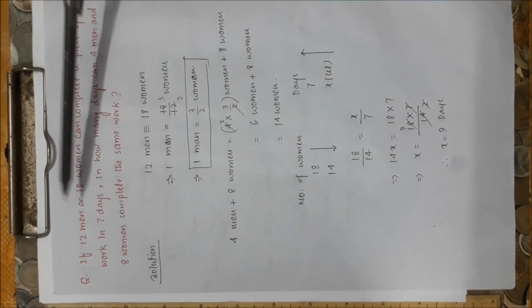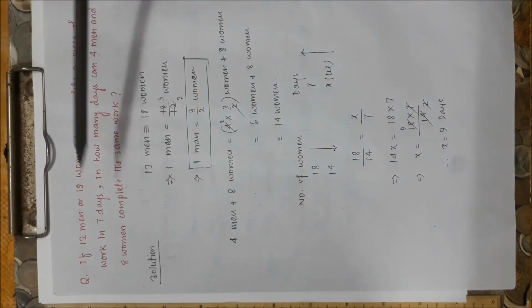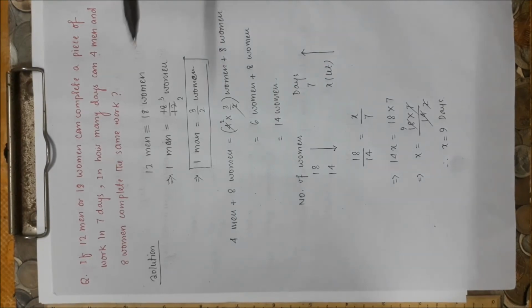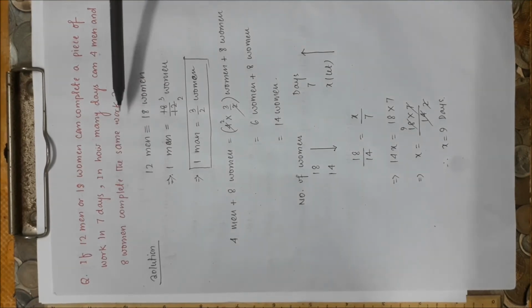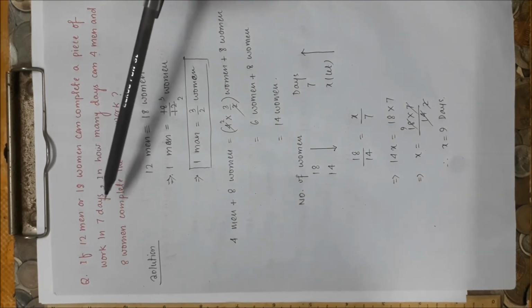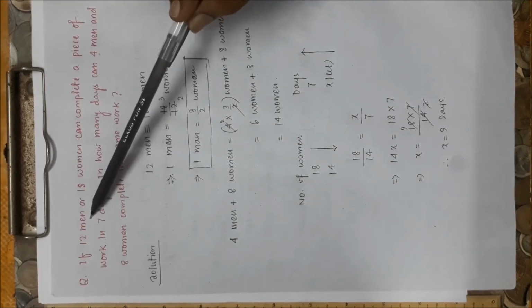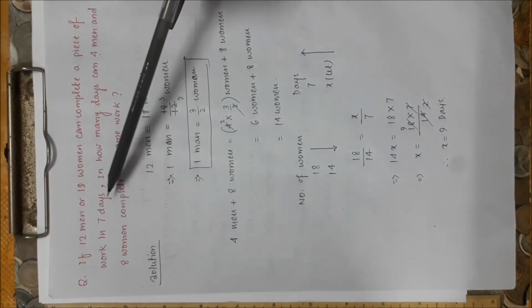If 12 men or 18 women can complete a piece of work in 7 days, in how many days can 4 men and 8 women complete the same work? Now I am going to read the first line once again and explain the meaning. 12 men or 18 women can complete a piece of work in 7 days.